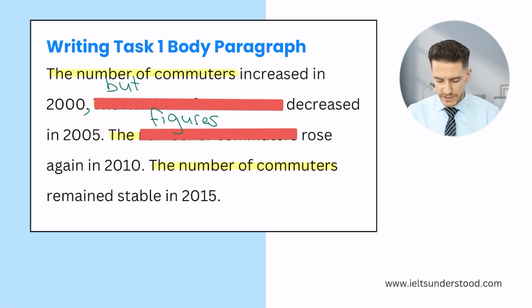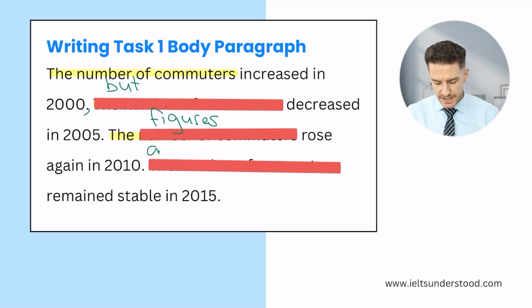And again, we have got a number of commuters. So we can remove that again. So we could just say something like the figures rose again in 2010 and remained stable in 2015. So I hope you can see that it's normally quite simple to remove a repeated word or words. And like I said before, this is just a very basic example to show you what I mean.